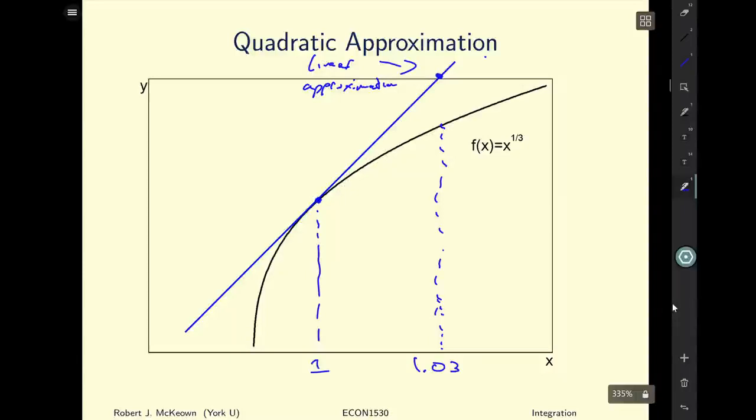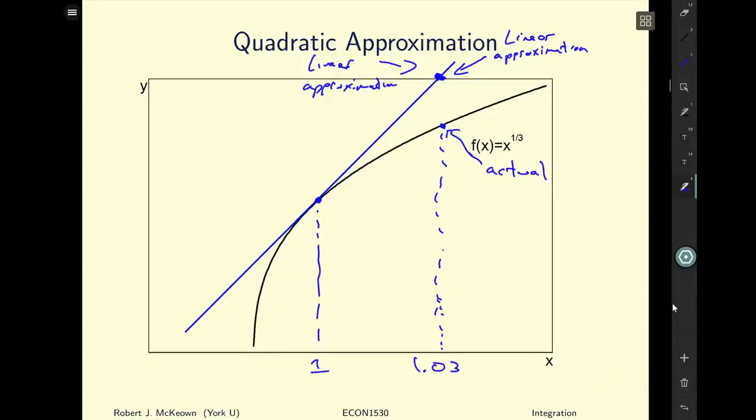Here is our approximation, and here is our actual. That's our linear approximation, this point right here.